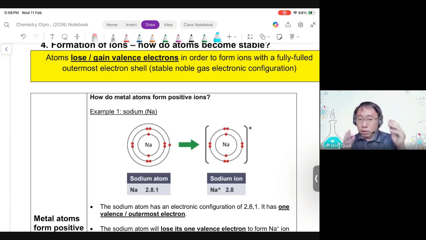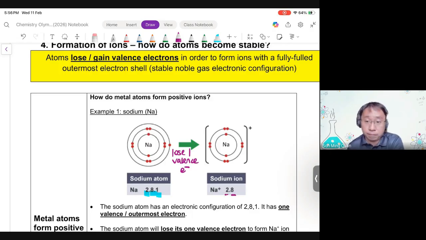Well, for example, for sodium, sodium is 2,8,1. Clearly, that's not a fully filled outermost shell. How about let's just lose the 1 valence electron. By losing the 1 valence electron, sodium becomes 2,8. Right?